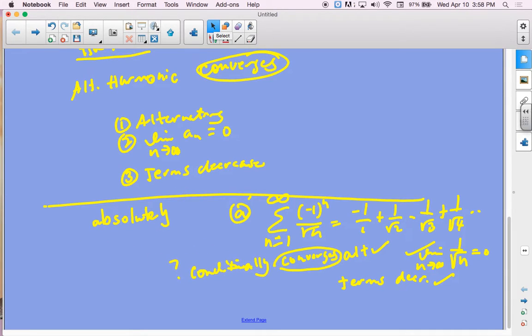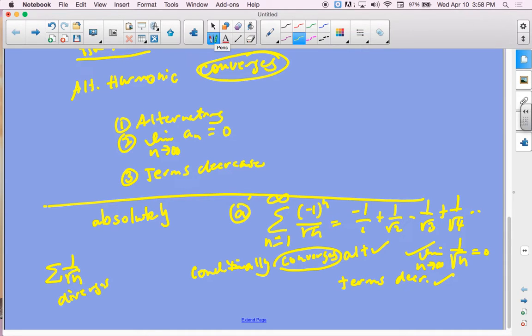Okay? It's a conditional convergence because if it wasn't alternating, it would have diverged. The sum of 1 over the square root of n diverges by the p-series test. And so if you're ever asked, which you may not be, this one conditionally converges because the only reason it converges is because it's an alternating series whose terms go to 0 and the terms decrease.